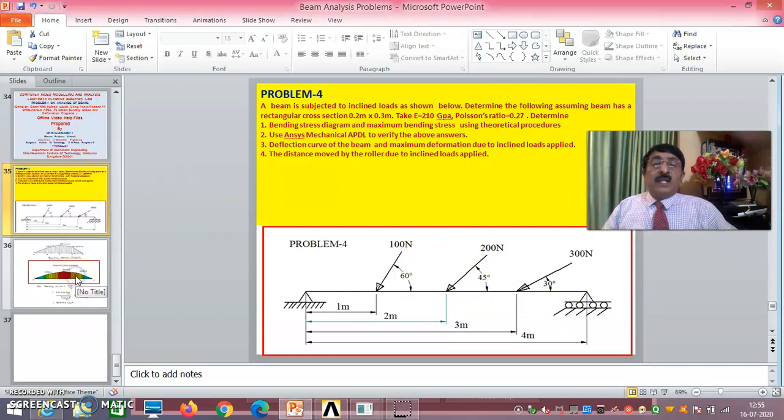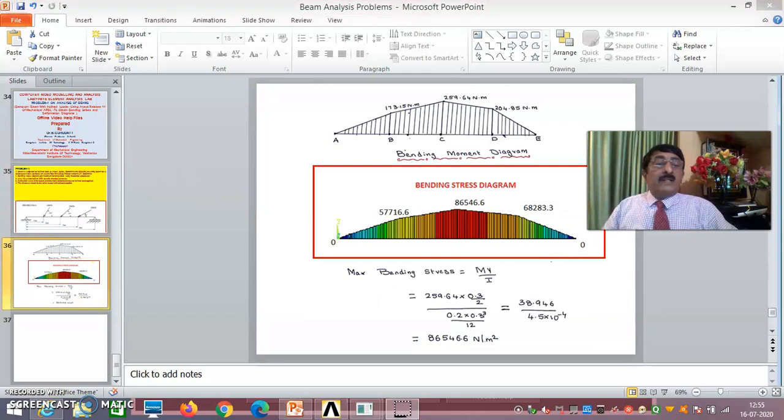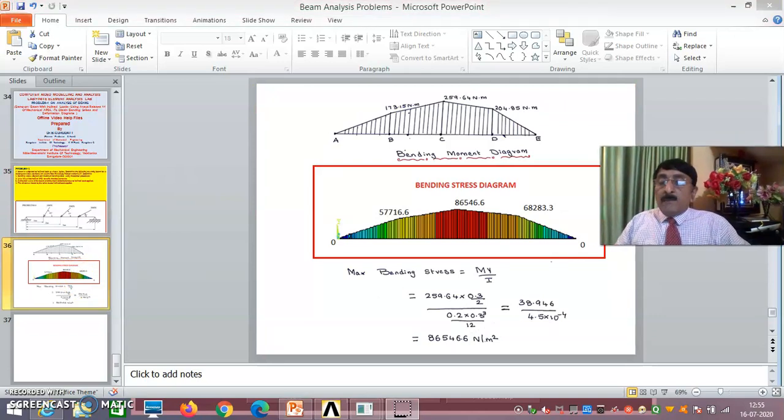Now you see here, the bending stress diagram theoretical procedure, I have written here. First I got the bending moment diagram, what I got in the last session. This is 204.85, 259.64, here 173.15 at B, and at A and E, the supports, they are 0. The maximum bending moment is 259.64.